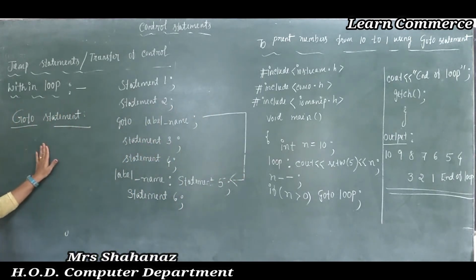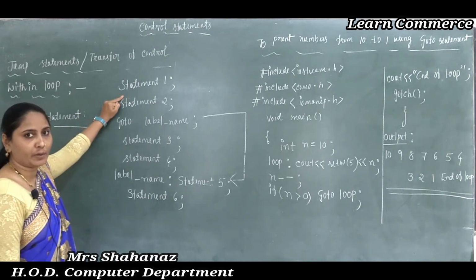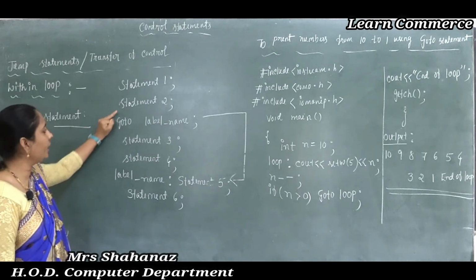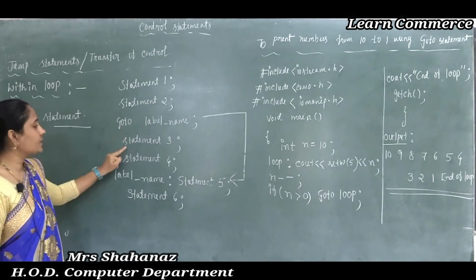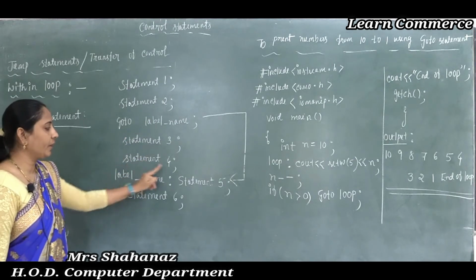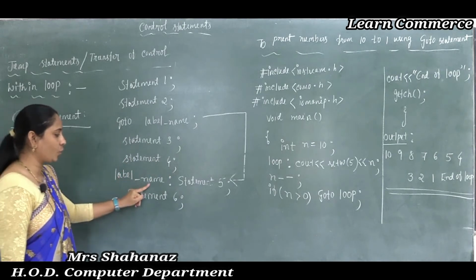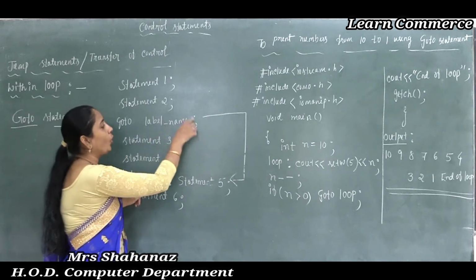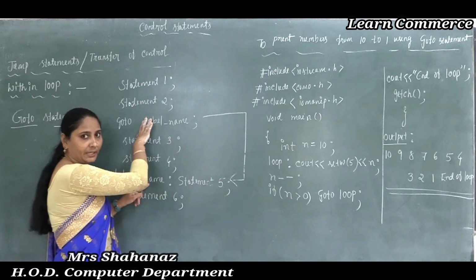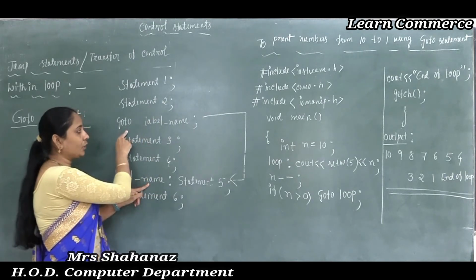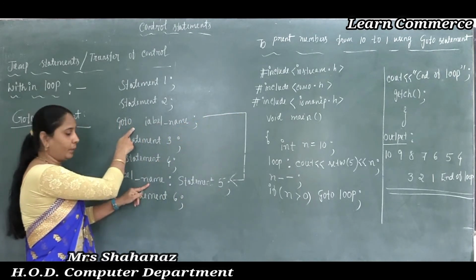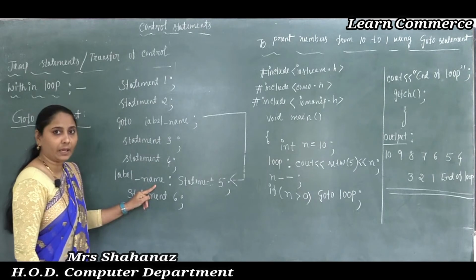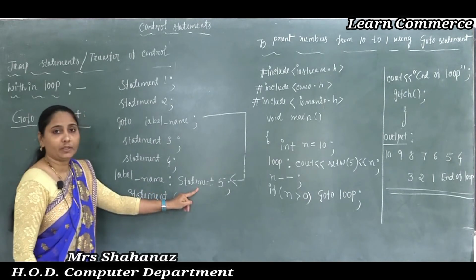Now let's see the syntax or the general format of the goto statement: statement 1 semicolon, statement 2 semicolon, goto label_name semicolon, okay. Statement 3 semicolon, statement 4 semicolon, label_name. That means, maybe after checking a condition, if the condition is executed, we need to go to the label_name. In label_name I wrote something, that is statement 5 semicolon.